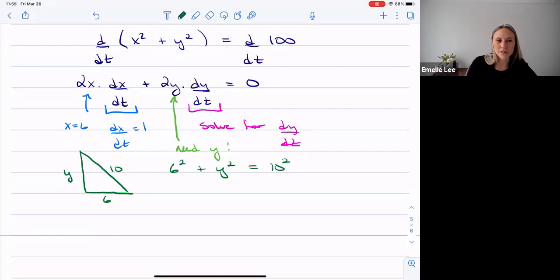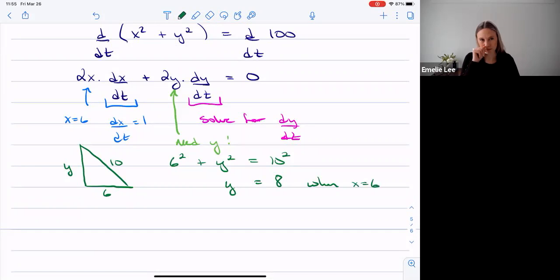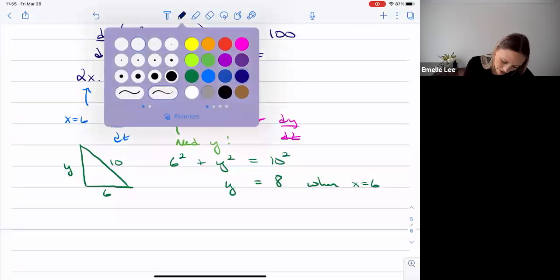If you do the math, I'm going to cheat here and say y is going to be 8 when x is 6. Okay. So sometimes we have to do a little bit of work to be able to plug in all the values, but we'll already have those relationships, so we can rely on that to find y in this case.